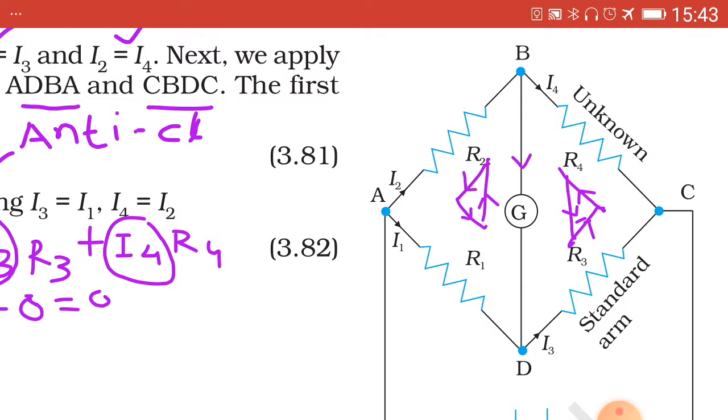Now from B to A, the current I2 is in the opposite direction, so it will be plus I2 R2 equal to 0.